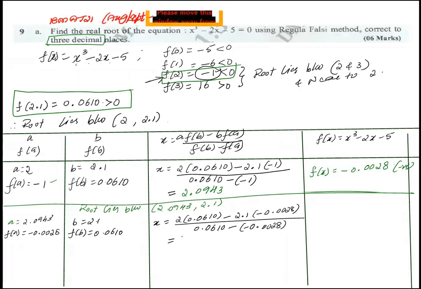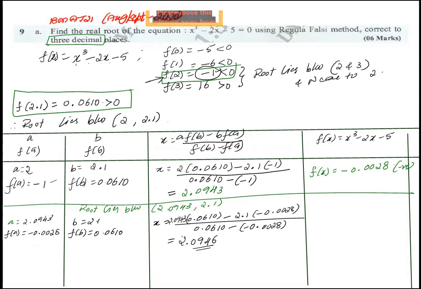This is not 2, this is 2.0943 times f of b. Right? The answer is 2.0946 you will get, 2.0946.